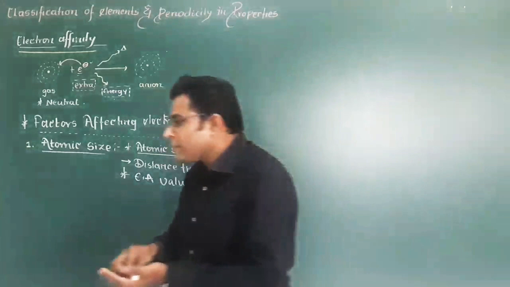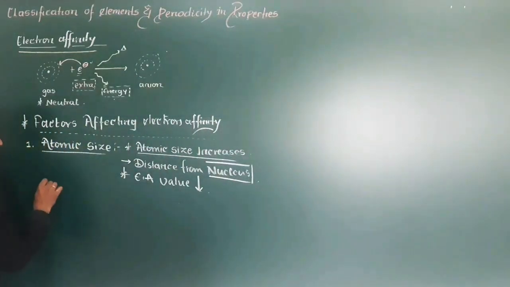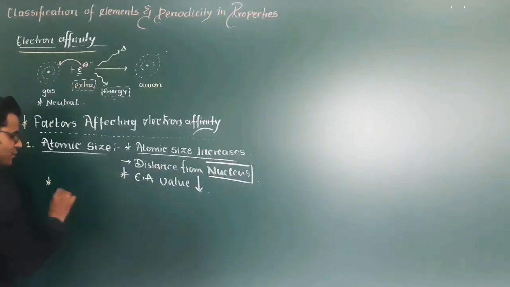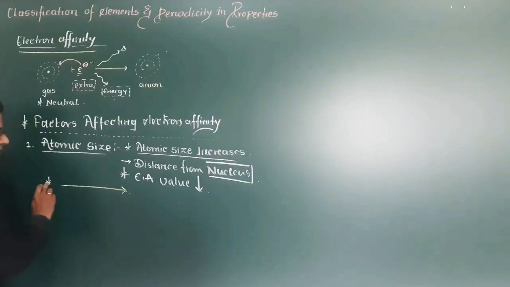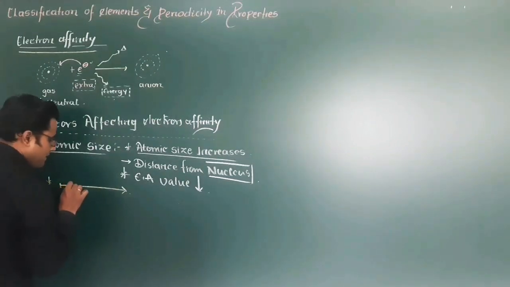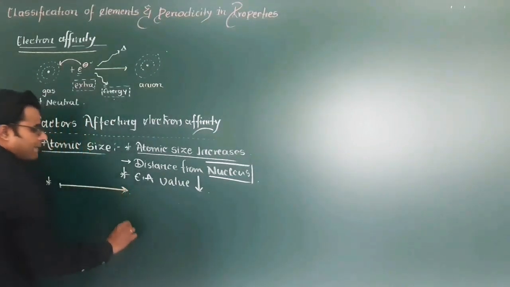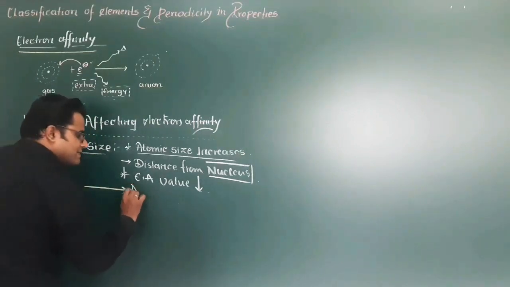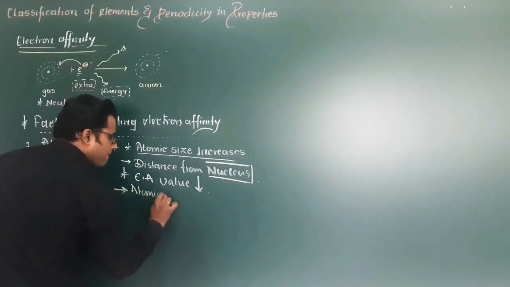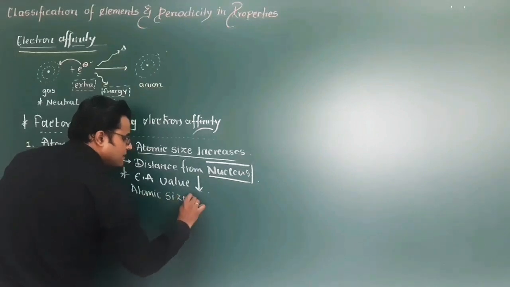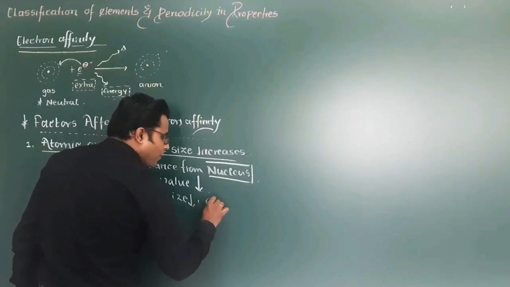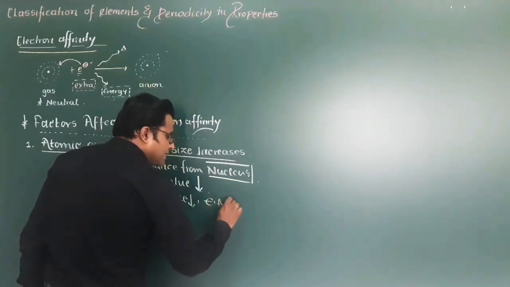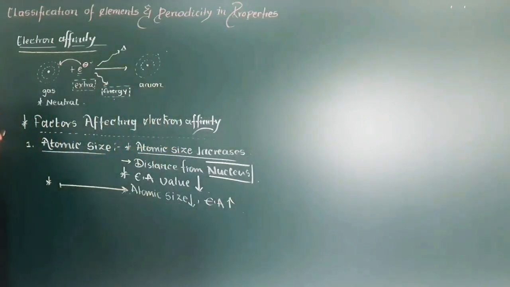So when we observe the trend in our periodic table, the atomic size decreases as we go along a period. If the atomic size decreases, then the value of electron affinity is going to naturally increase.